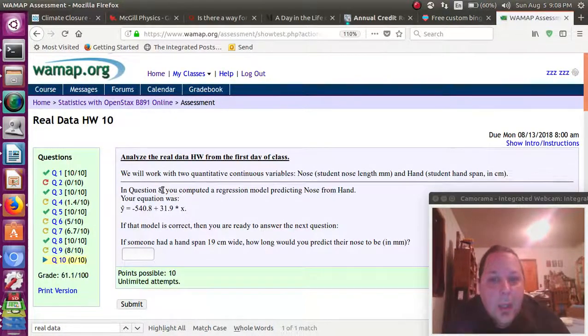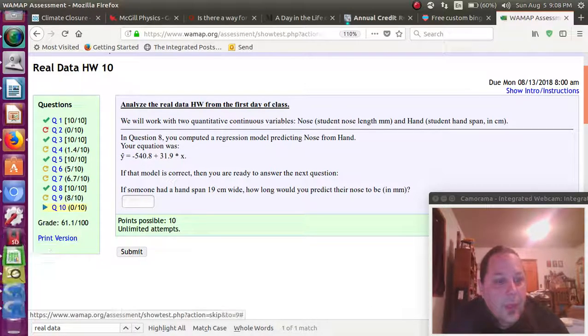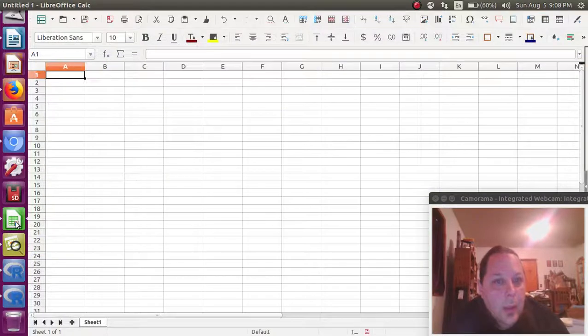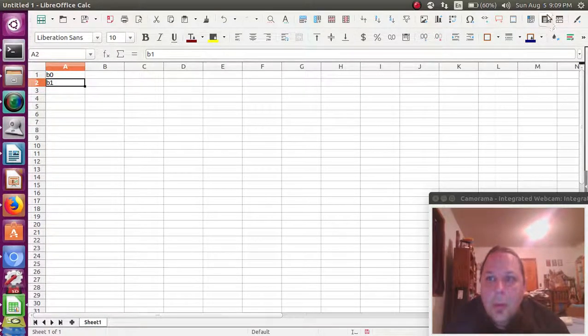Last question. Is this an actual prediction question? So in question 8, you computed this model, and I'm going to just spit back the model that I got for my convenience. It's here. So negative 540.8. For this, I'm going to use a spreadsheet. B0 and B1. Let's make that bigger.